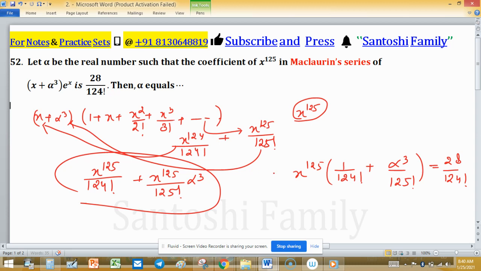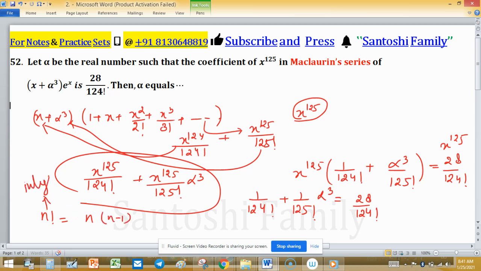Now we have to compare both sides, because this is the coefficient of x raised to the power 125. So 1 upon 124 factorial plus alpha cubed upon 125 factorial equals 28 upon 124 factorial. And we know that factorial n can be written as n times (n minus 1) factorial if it is an integer, and for the fractional part you can write it in another format.